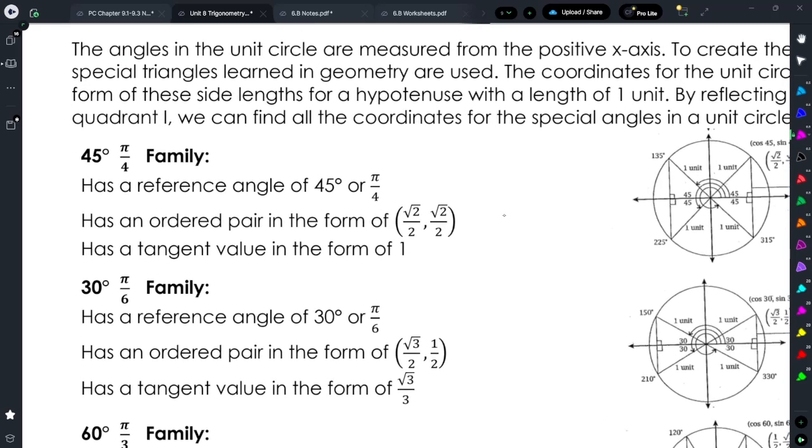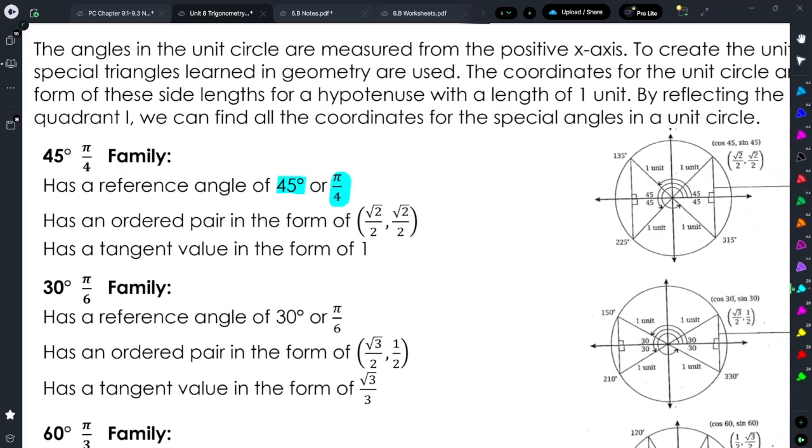So in the pi over 4 family, the reference angle is 45 degrees, or in radians pi over 4. The ordered pair, the cosine and sine value, or the x, y, is some form of square root of 2 over 2, comma, square root of 2 over 2.